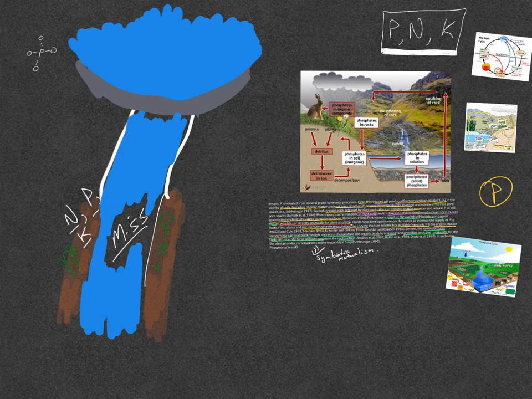So what do farmers do? Farmers have to come and add nitrogen synthetically. You have to add nitrogen, phosphorus, and potassium by the truckloads to grow your crops.